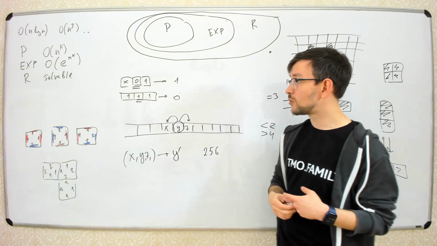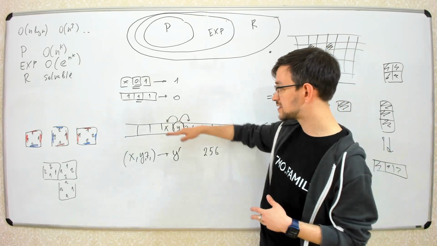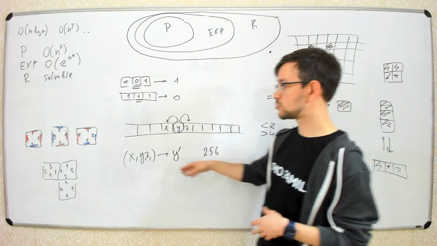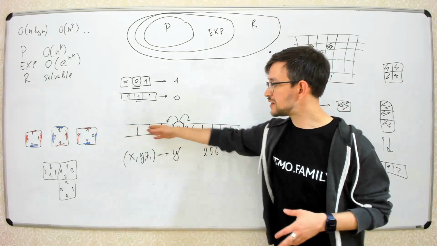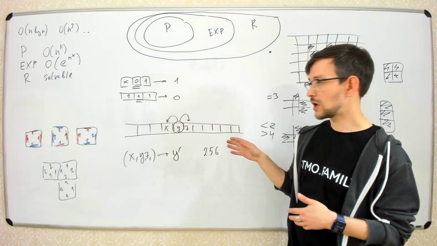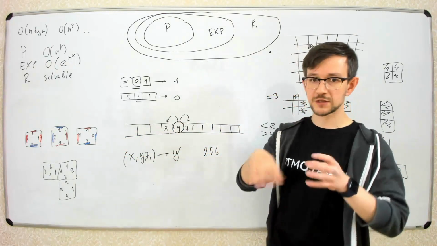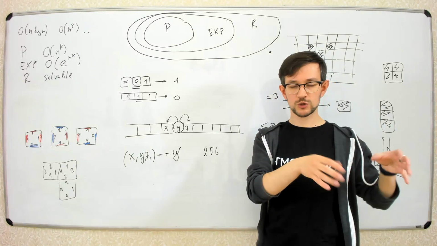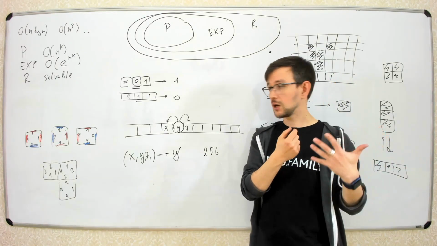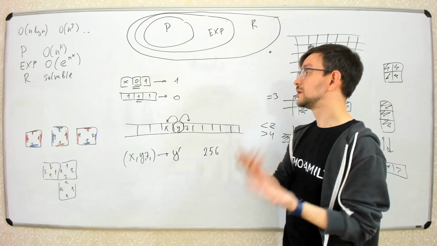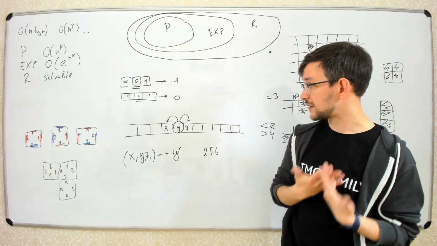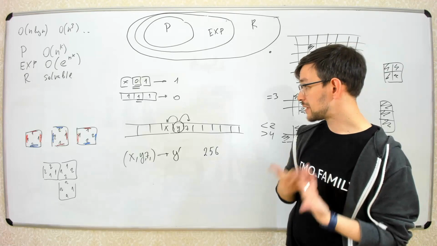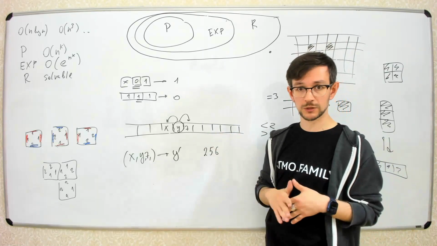It means you can simulate a Turing machine using just this simple automaton. You take your Turing machine, produce some input for this automaton, and this automaton will work as the Turing machine from which you started. What does it mean? It means that you actually cannot predict the behavior even of this simple automaton.